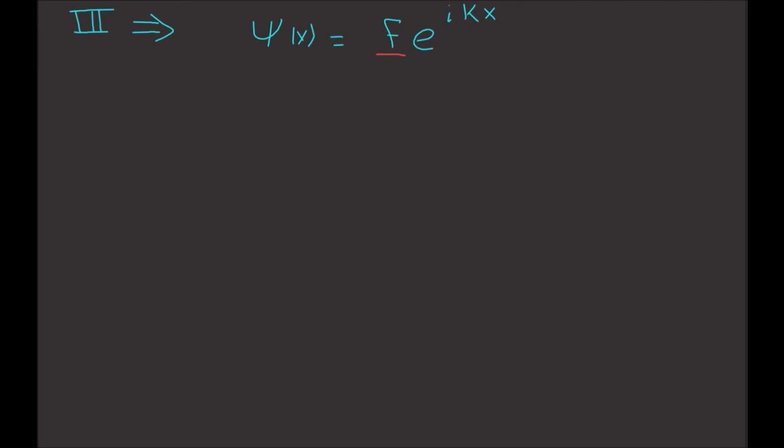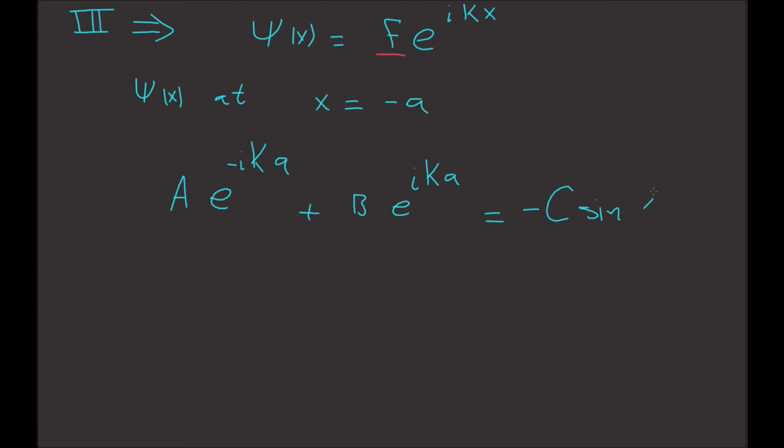Psi of x is continuous at x equals minus a, which follows that A times e to the minus i k a plus B times e to the i k a is equal to minus C times sine of L a plus D times cosine of L a.